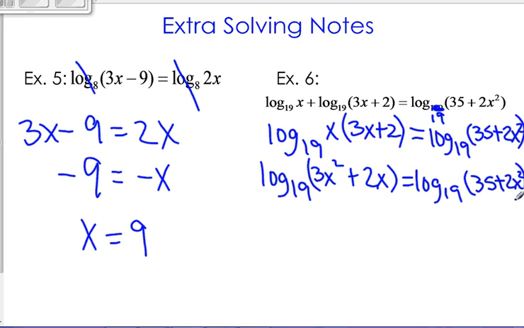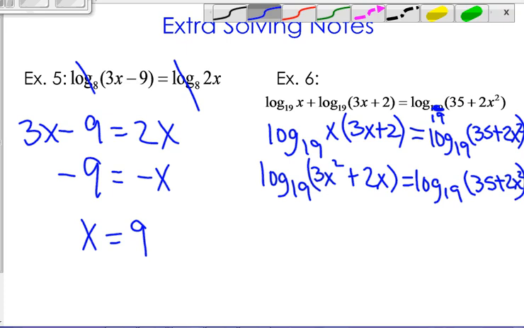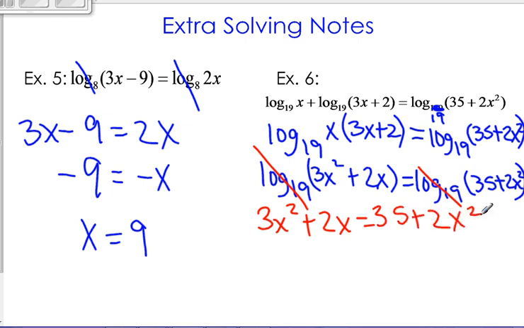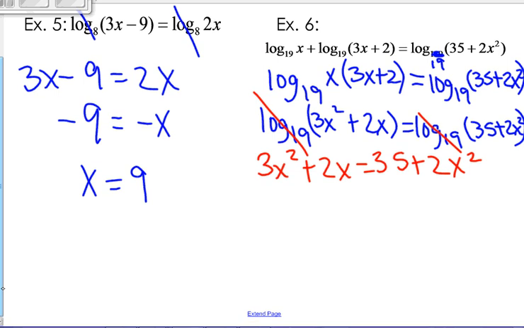Okay, now the bases are the same. I only have one term on the left. I only have one term on the right. So I'm going to cancel out my logs. Okay, so I have 3x squared plus 2x equals 35 plus 2x squared. I'm seeing squareds, I'm seeing x's, and I'm seeing a number. That means I'm going to have to factor.